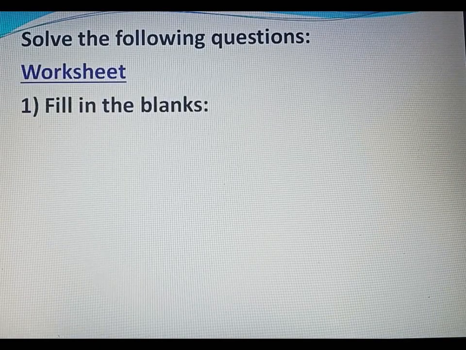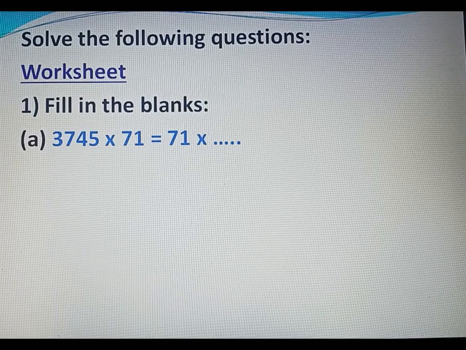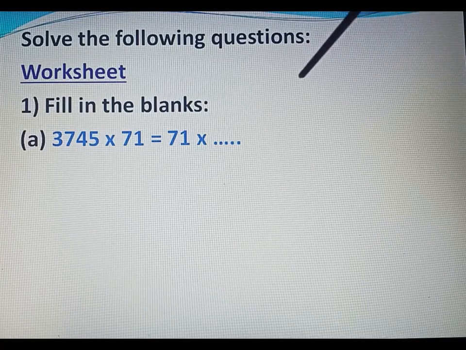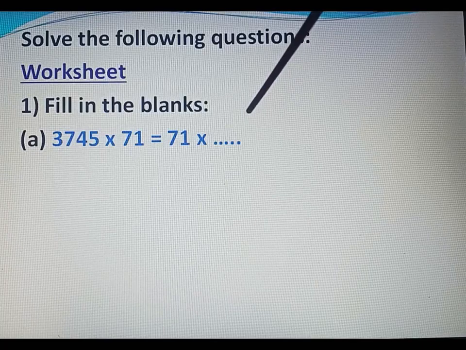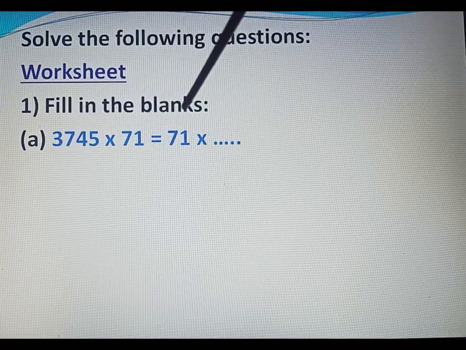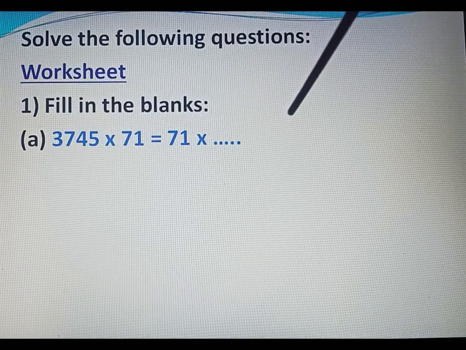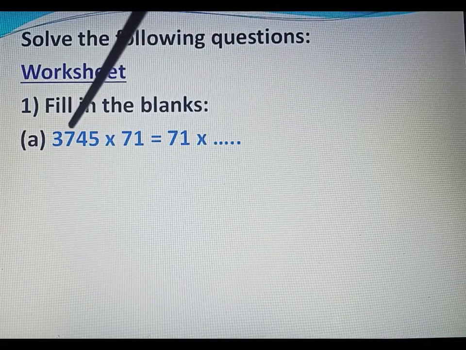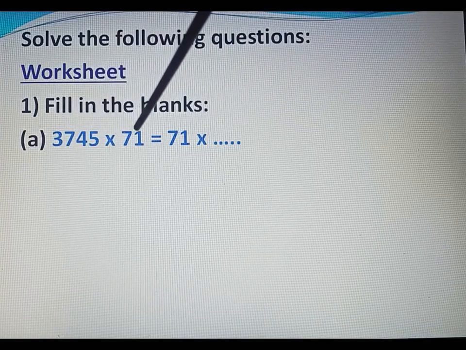Fill in the blanks. A part: 3745 multiply 71 equal 71 multiply dash. See, as we have learnt in property that if we multiply two numbers and after changing their orders the product remains the same. See, 3745 multiply 71.